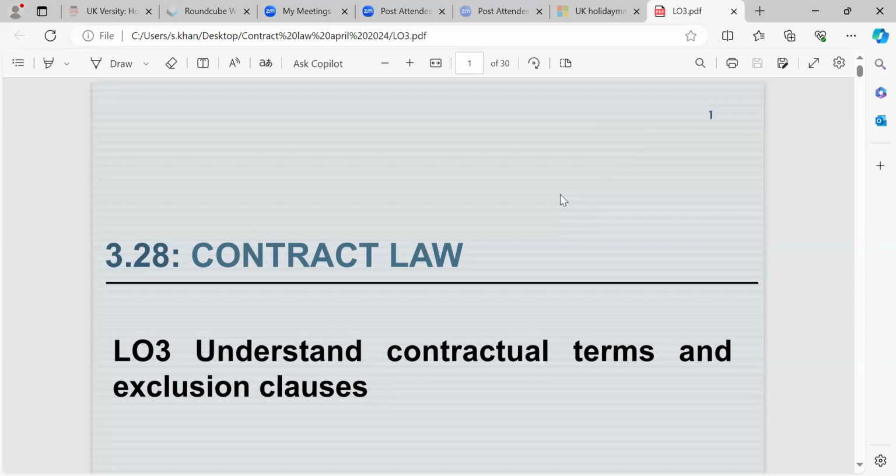We also looked at face-to-face situations, where business parties can communicate if anything occurs. We also looked at the postal rule with reference to case law. We looked at issues in regard to how postal rules should apply to things like contracts made by emails or anything like that.